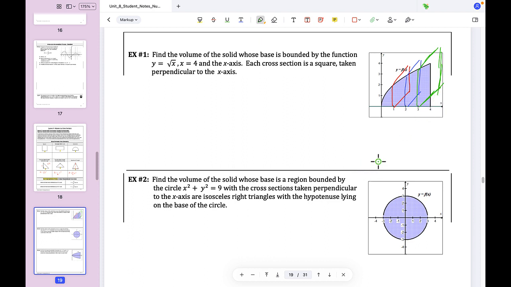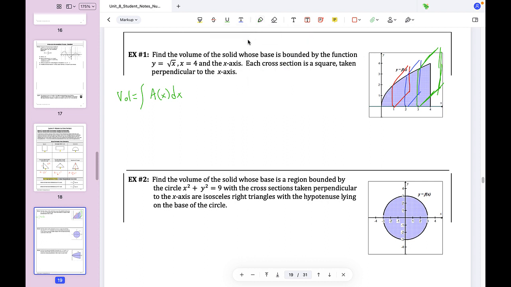Okay, so what we're basically going to do is integrate the area to get the volume, right? Remember, volume is basically area times that third dimension, all right?